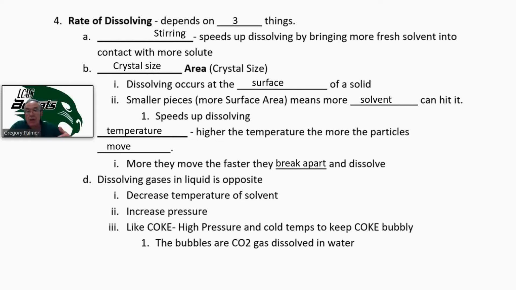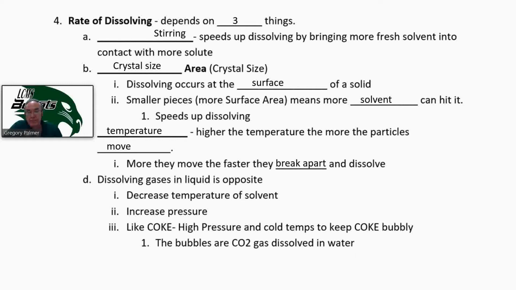That's why in an aquarium, it bubbles, to mix the oxygen into the aquarium water so that the fish can keep breathing. People also mix gases into liquids to make carbonated beverages. The carbon dioxide is mixed into the liquid, and it stays there to give the soda its bubbles.